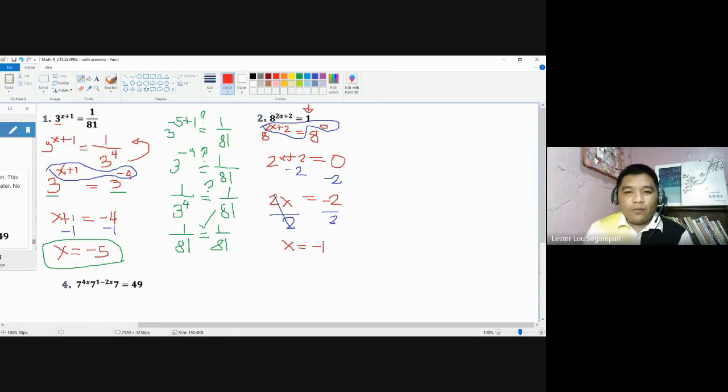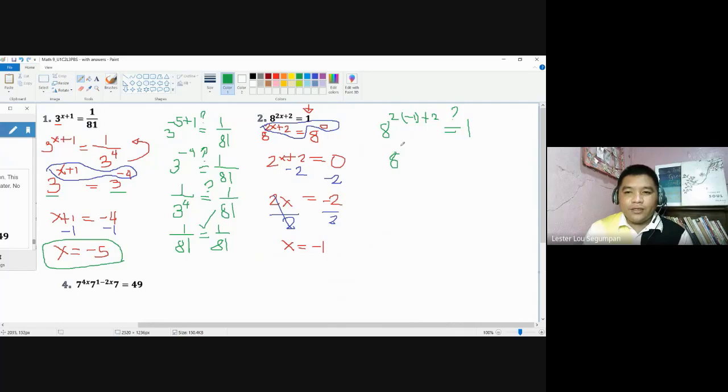But anyway, if you would like to express 8 as base 2 later, you can still also use 1 as base 2. But this is the simpler solution. Again, checking, substitute the value of x in the original. So you have 8 to the power of 2 times negative 1 plus 2. Is it equal to 1?